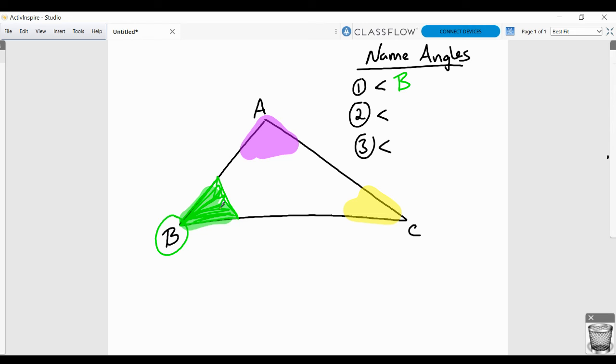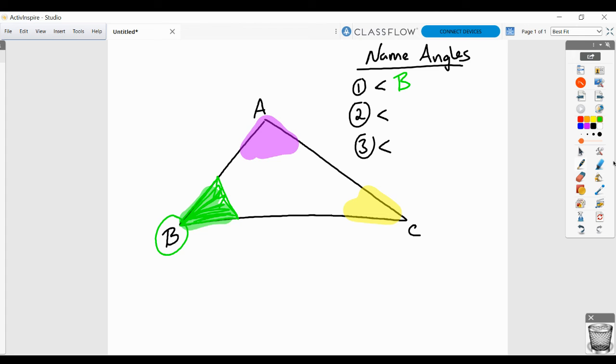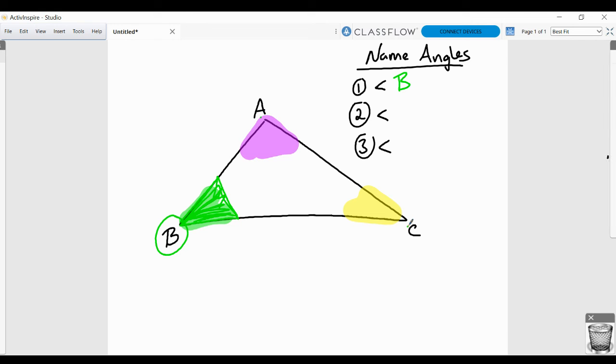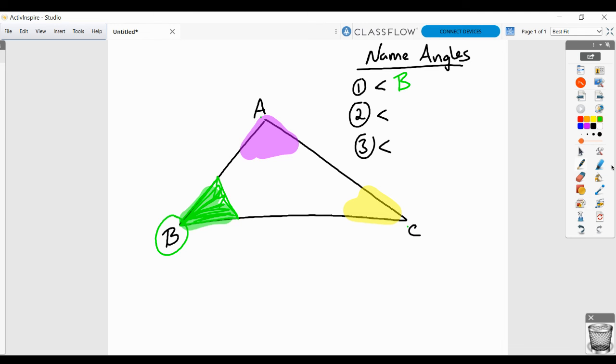Okay. Now, there's two more ways that we could actually name that angle, and it still revolves around using the letter B. But this time we're actually going to include these other letters that are on the sides. So if we look at this angle B, the sides kind of extend out.